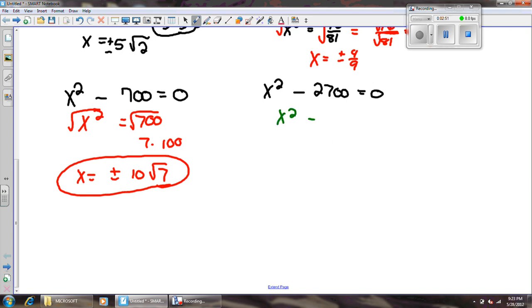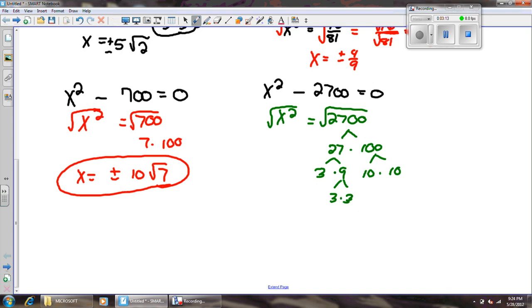All right. X squared equals 2700. Take the square root of each side. And if I go 27 times 100, this will be 10 times 10. This is 3 times 9, which is like that. That's prime, that's prime, that's prime.